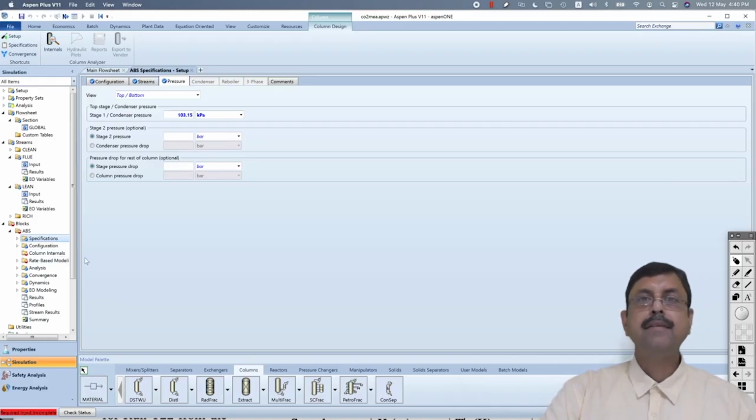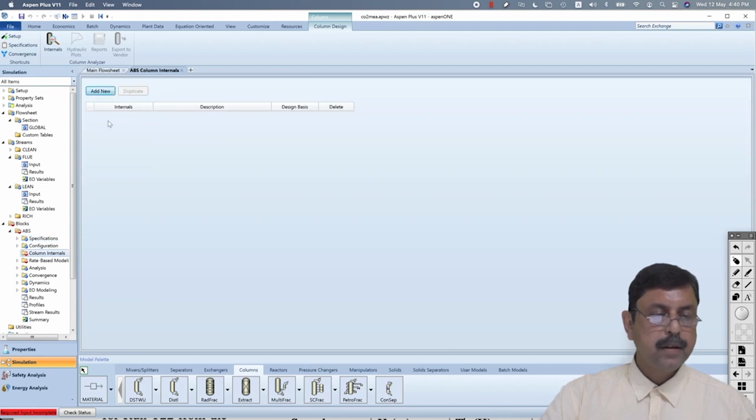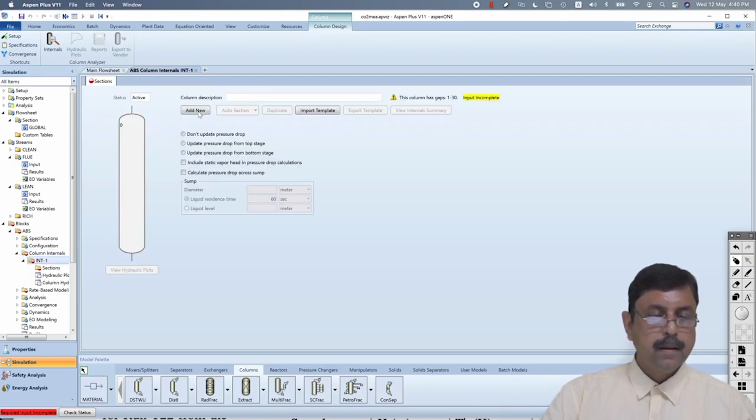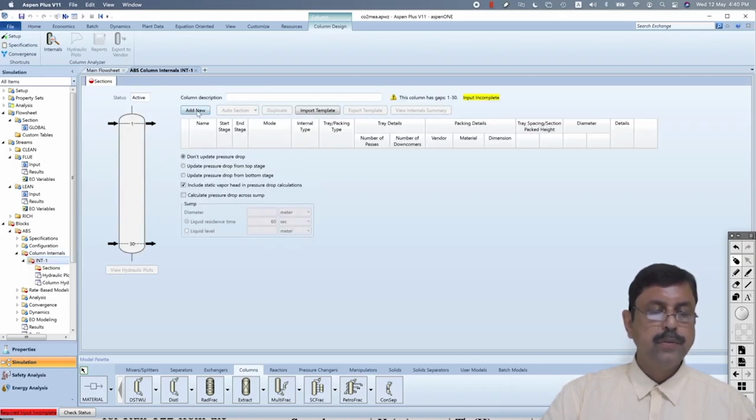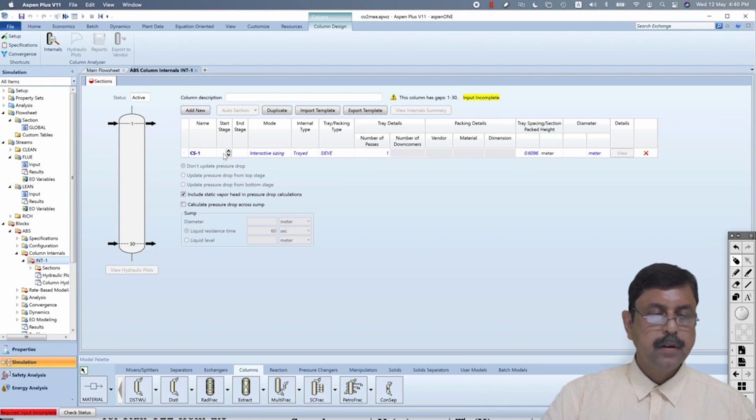Now, as it is a rate-based column, we have to enter the column internals. So go to column internals, add a new section. Let us keep only one section in the column.